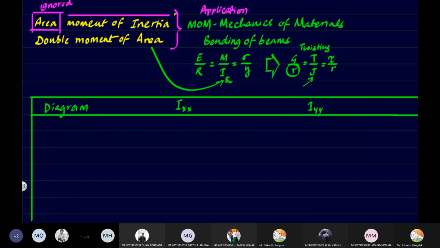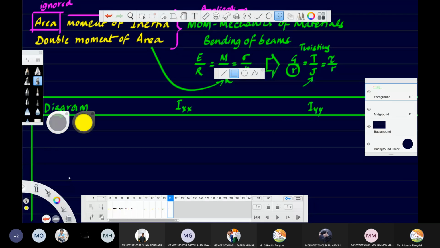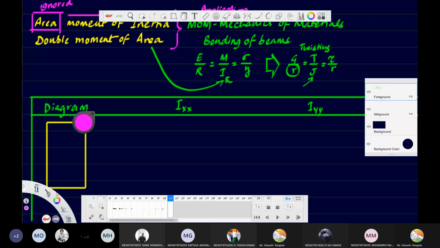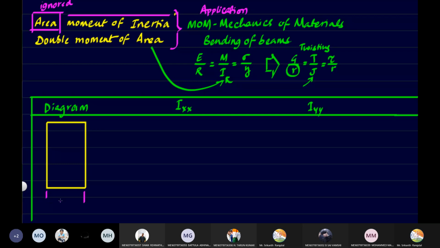First one is rectangle usually, right? Let us say this length here is B. This here, in some books you call this H, the height. Some books call this depth, D.